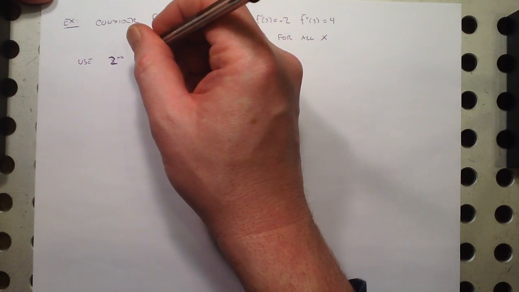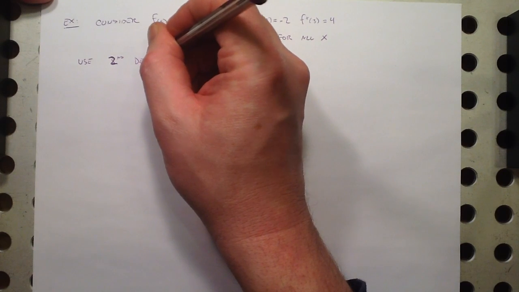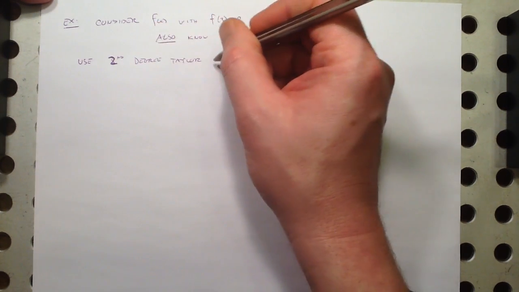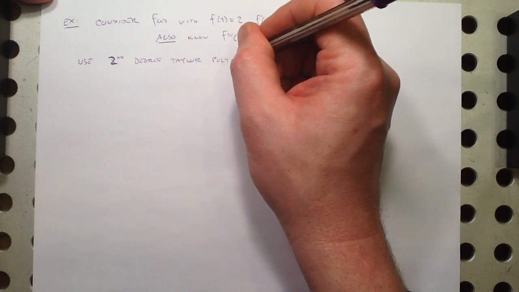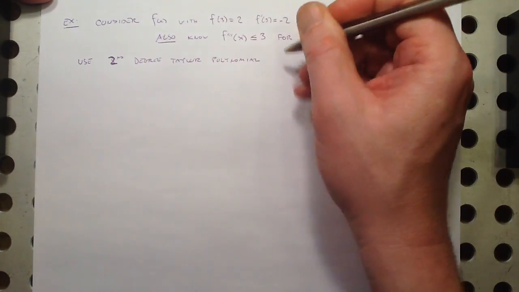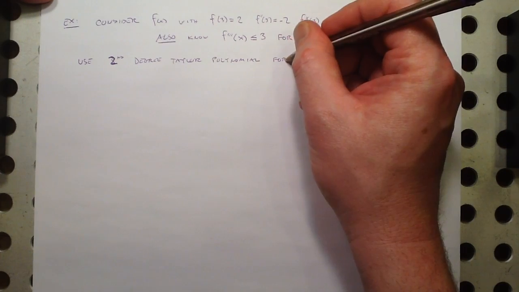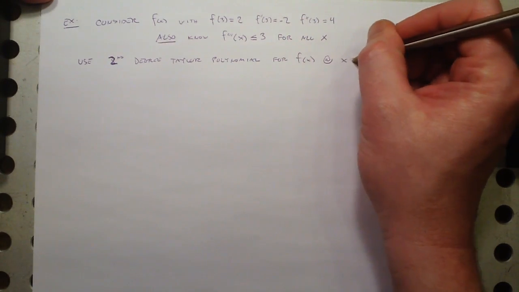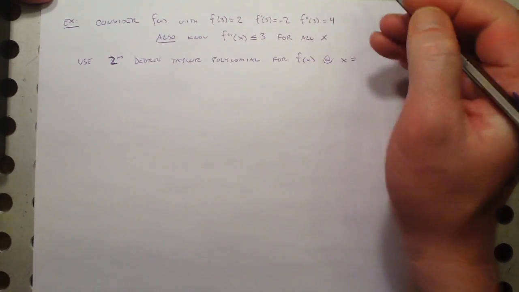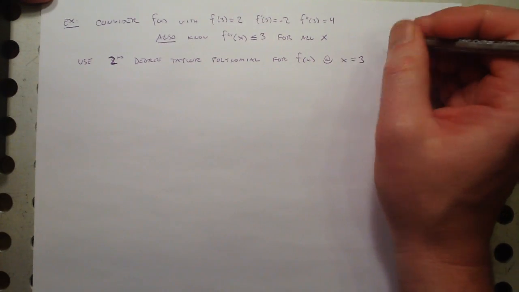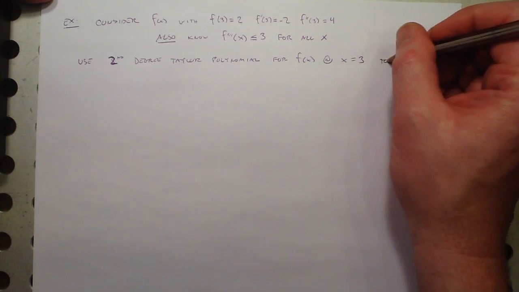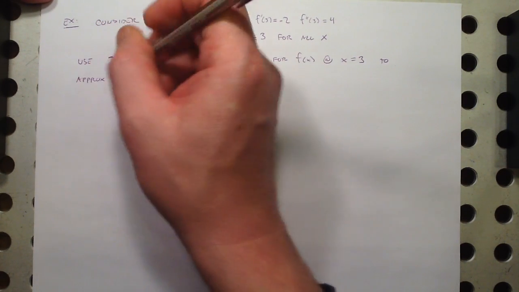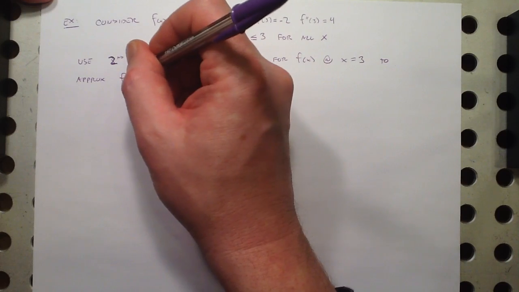So use the second degree Taylor polynomial for f of x at x equals 3, because those are the things that I know about, to approximate f of 5.